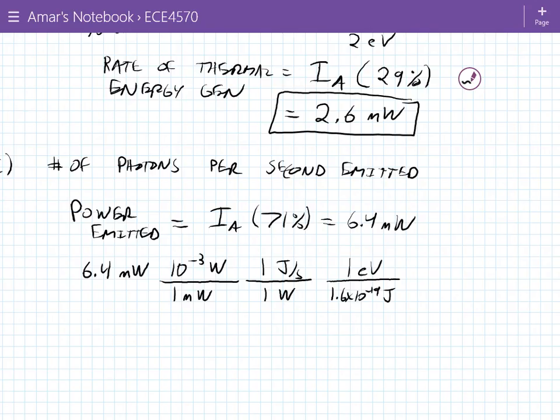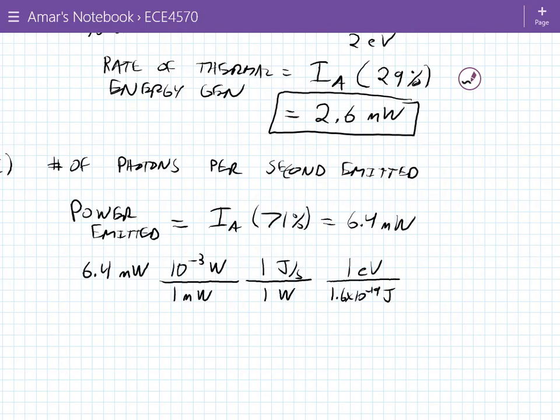And now this is the part of the problem that has to do with the energy band diagram. The units that we want here are the number of photons per second. So we need to convert joules per second into photons per second. So we're going through this intermediate step, converting the joules into electron volts first. This part does the conversion from joules to electron volts.